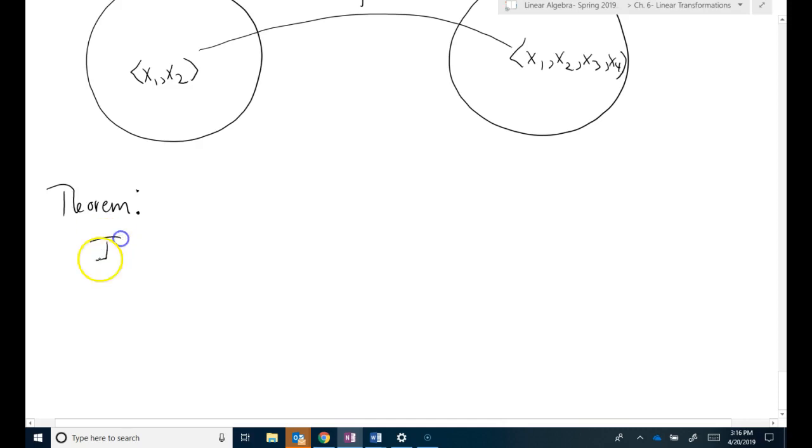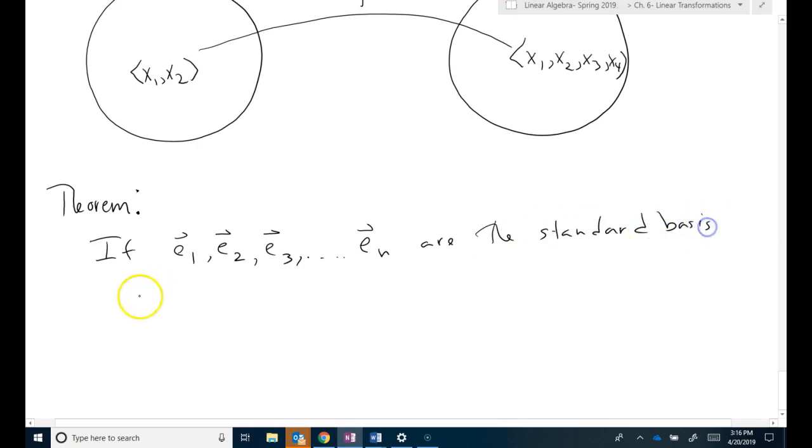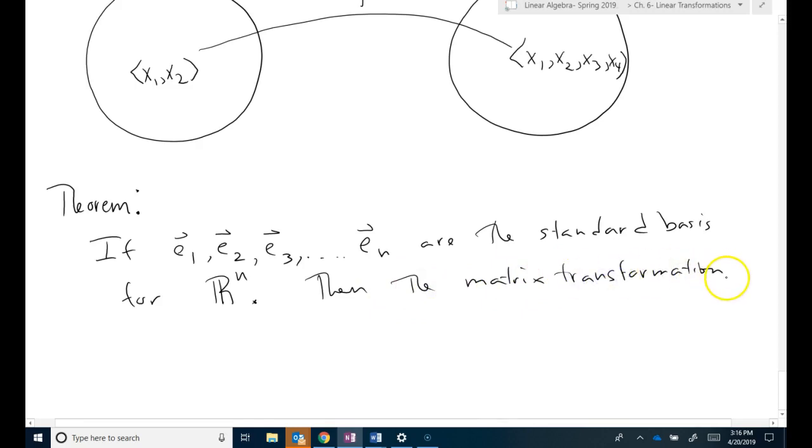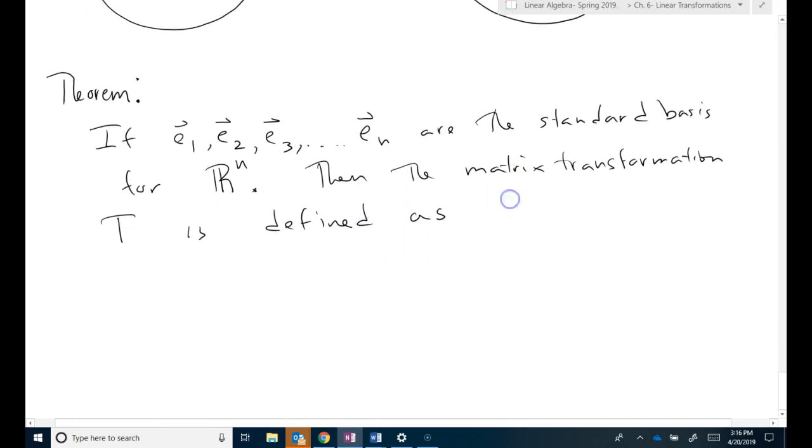So if E1, E2, E3, and so on up to En are the standard basis for Rn, then the matrix transformation T is defined as A equal to T of E1, T of E2, dot, dot, dot, all the way to T of En.